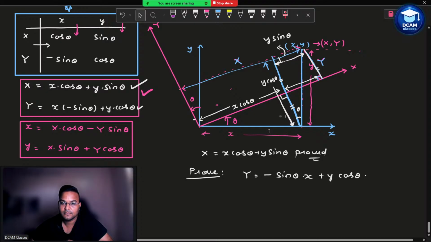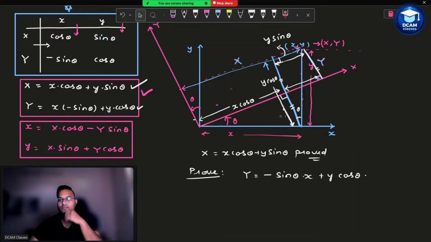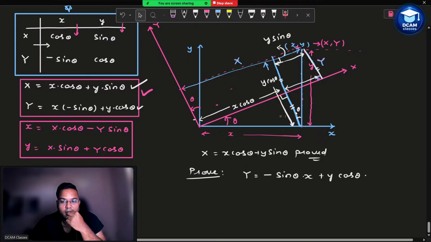So I first found y cos theta, and then in the second I observed that this triangle, the triangle from which we first got x cos theta, we can use that to get x sin theta also, and since it is reverse, I just did negative. That is what I did.